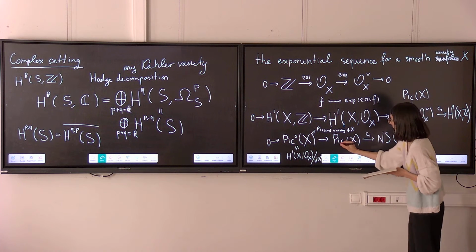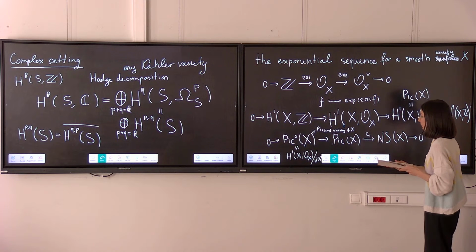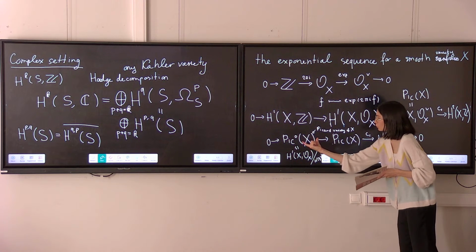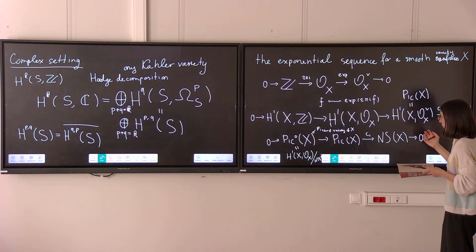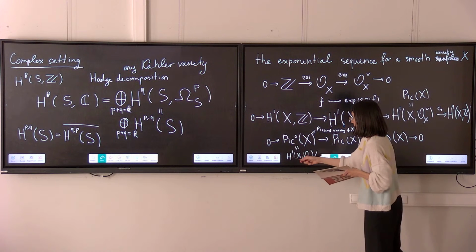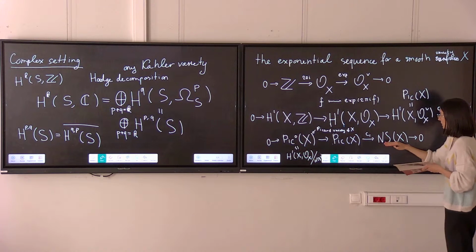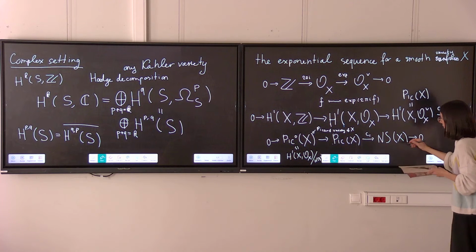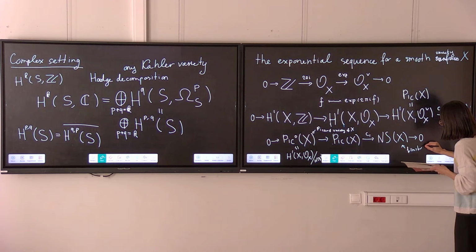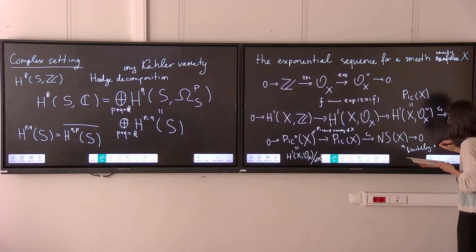So our Picard group is an extension of two groups of a very different nature. First is this algebraic torus, the Picard variety, and this is a discrete part. This is a finitely generated group.